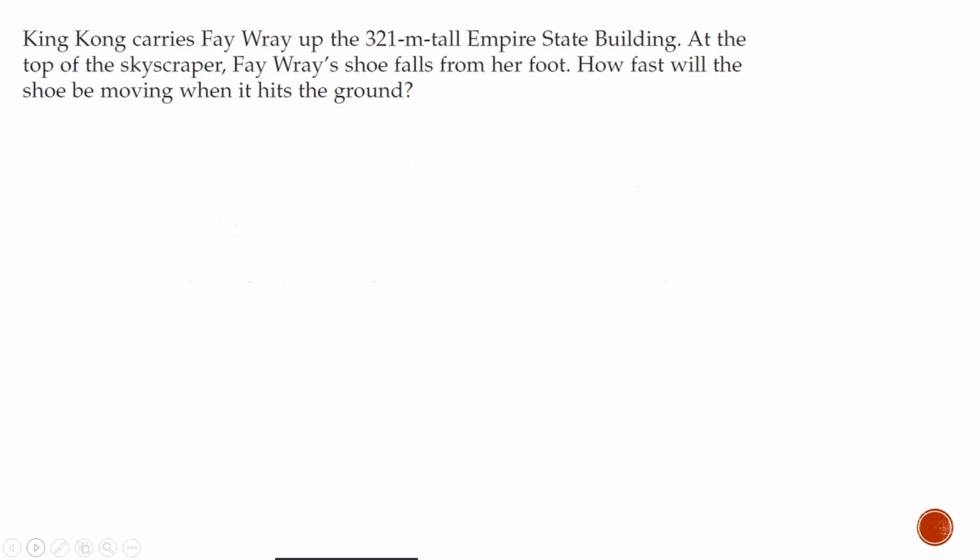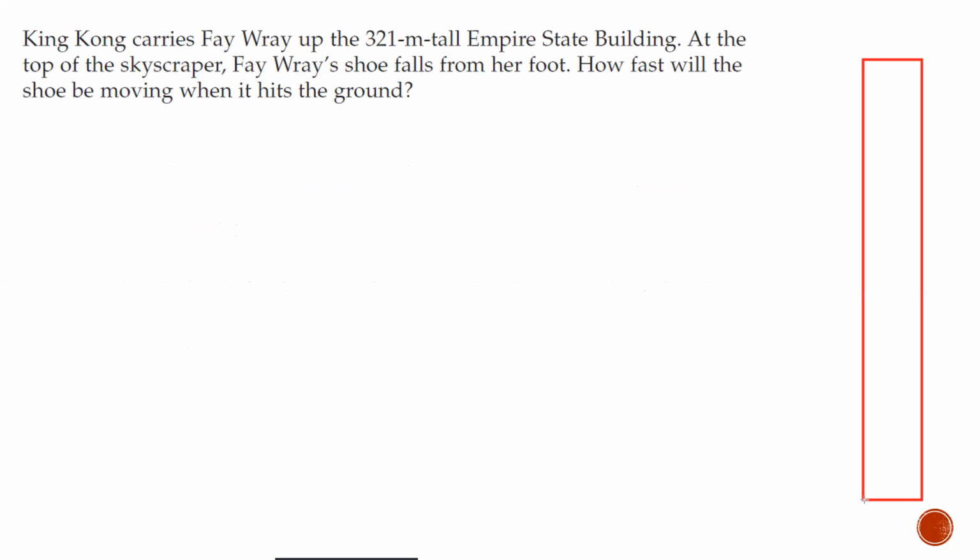King Kong carries Ray up the 321-meter tall Empire State Building. So there's a building, its height is 321 meters.